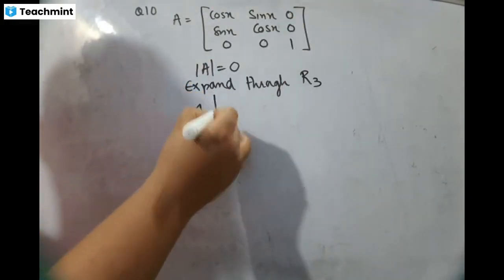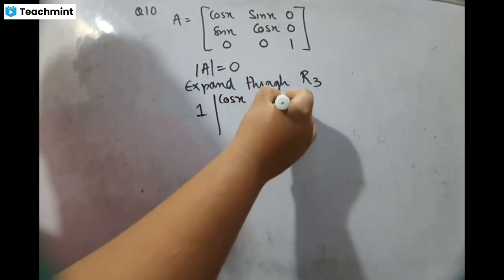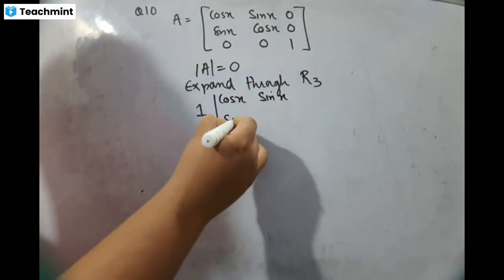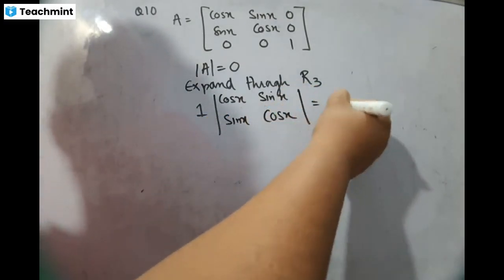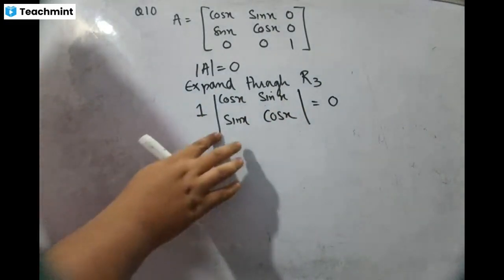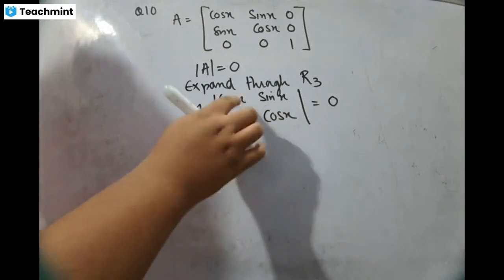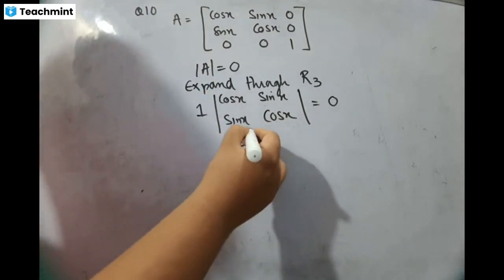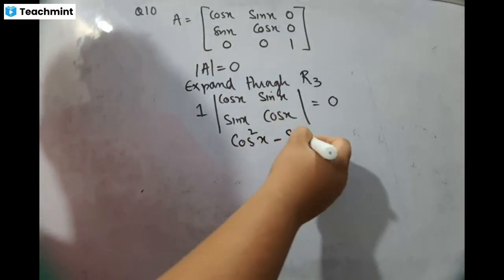So what are the cofactors of 1? The cofactors of 1 are cos x, sin x, sin x, and cos x is equal to 0. Now how do you find the determinant of a 2 cross 2? You cross multiply: cos x into cos x gives cos square x, minus sin x into sin x gives sin square x.